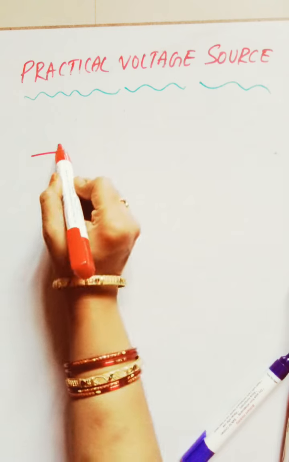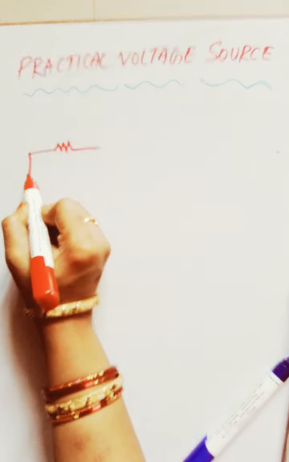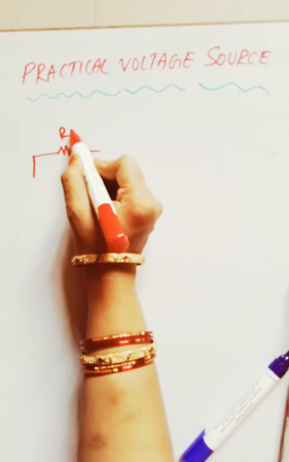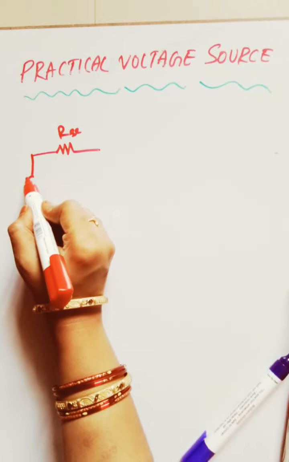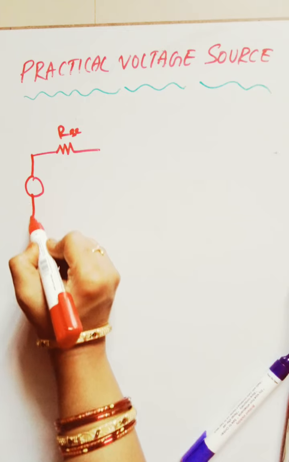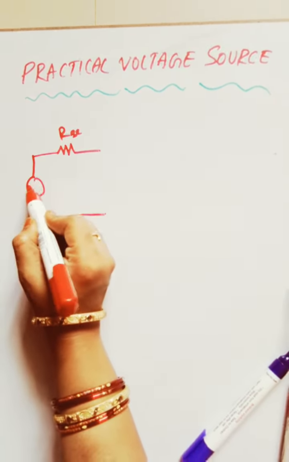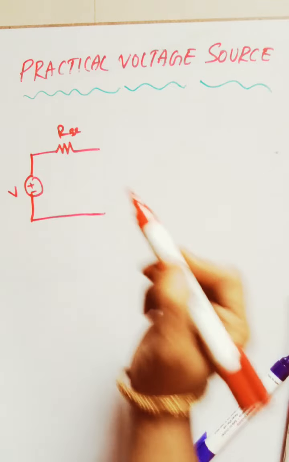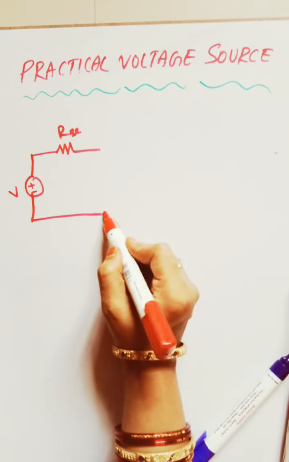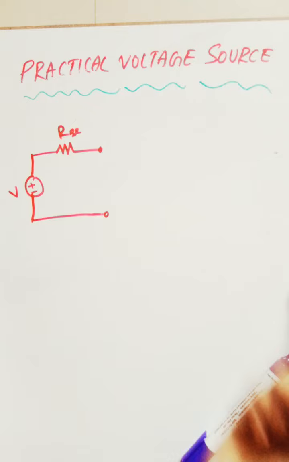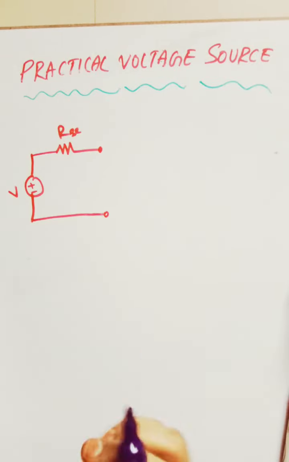Let us take a small circuit in which a resistor is connected in series with a voltage source.